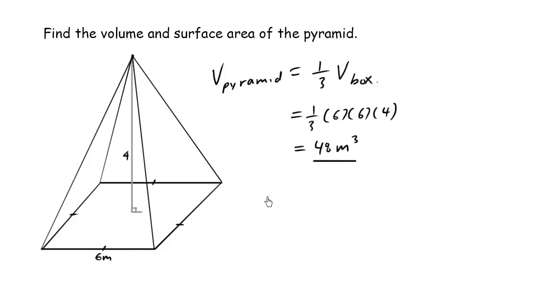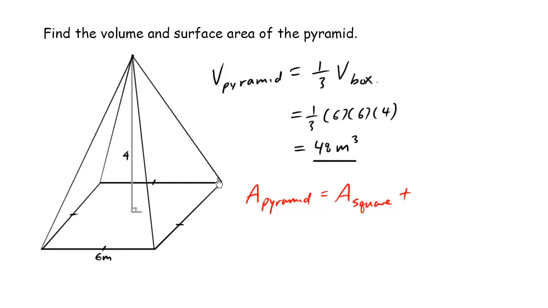Now let's find the area. The area of the pyramid is equal to the area of the bottom, which is a square, plus the 4 triangles. There's a triangle here on both sides, they're the same, and the front and back, they're the same as well.